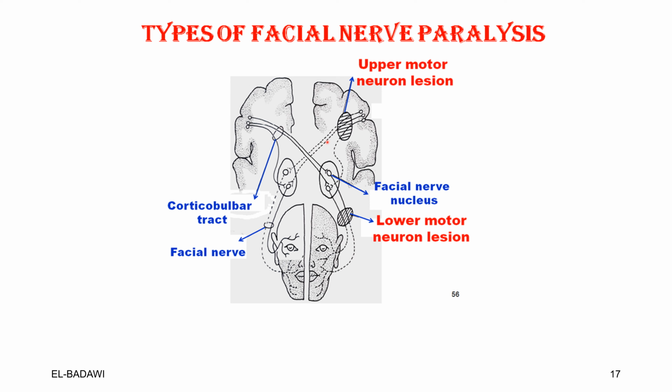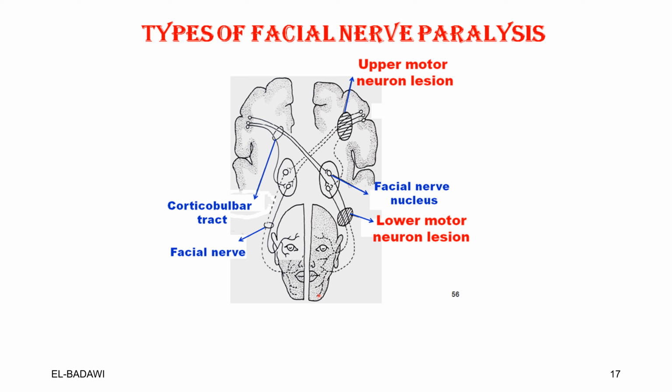So that crossing will not affect the upper half of the face when the lesion is at the brain level, or upper motor neuron lesion. You can see in that diagram here the face on the right side, the upper half is safe while the lower half is affected. When the damage is below the level of the brain or at the nerve itself outside as it leaves the substance of the brain, that's what we call the lower motor neuron.